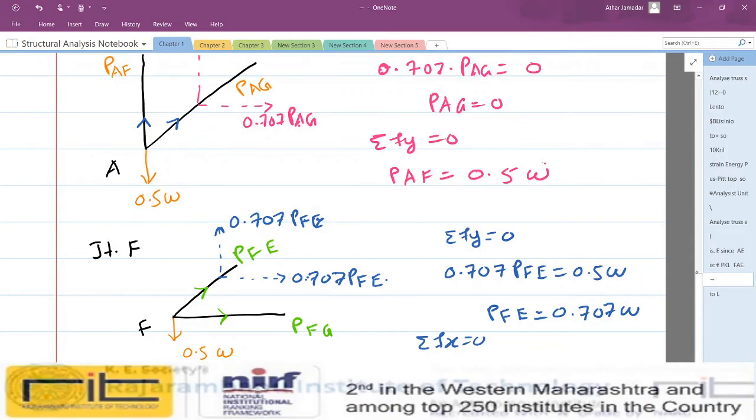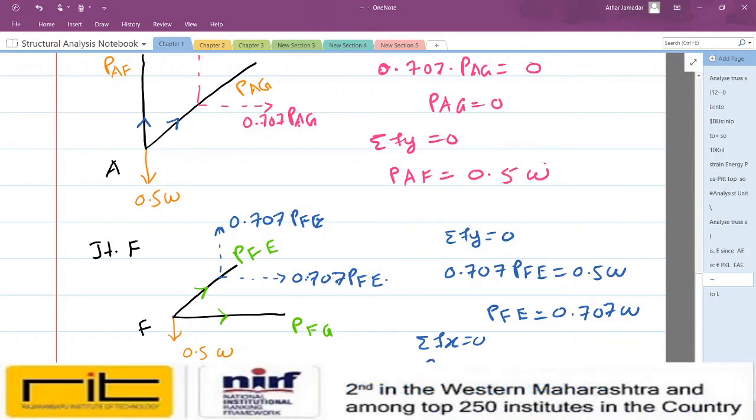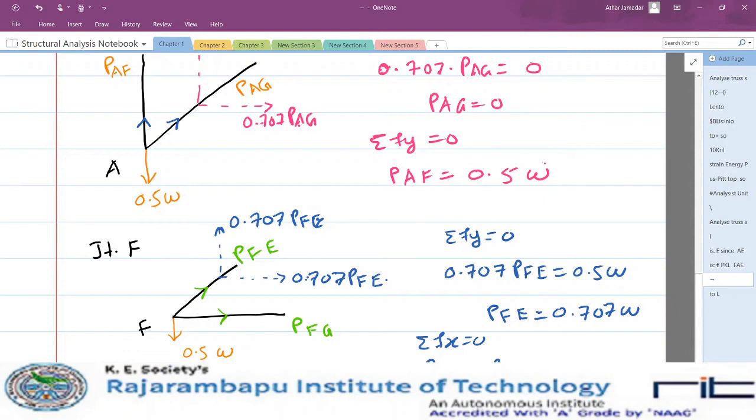Both forces are going towards right, so 0.707 times PFE plus PFG is equal to 0.